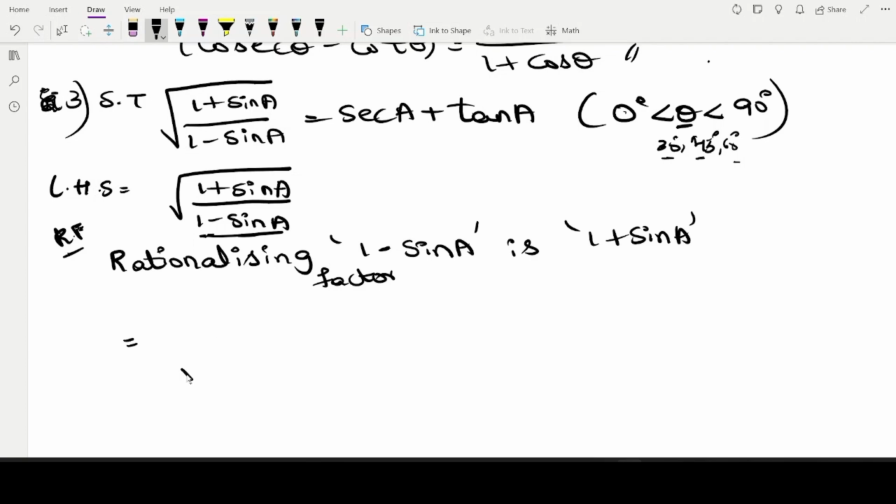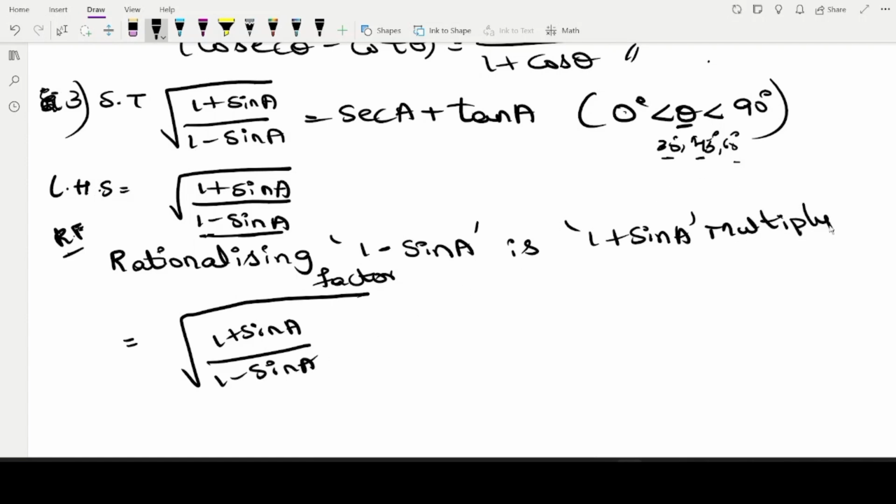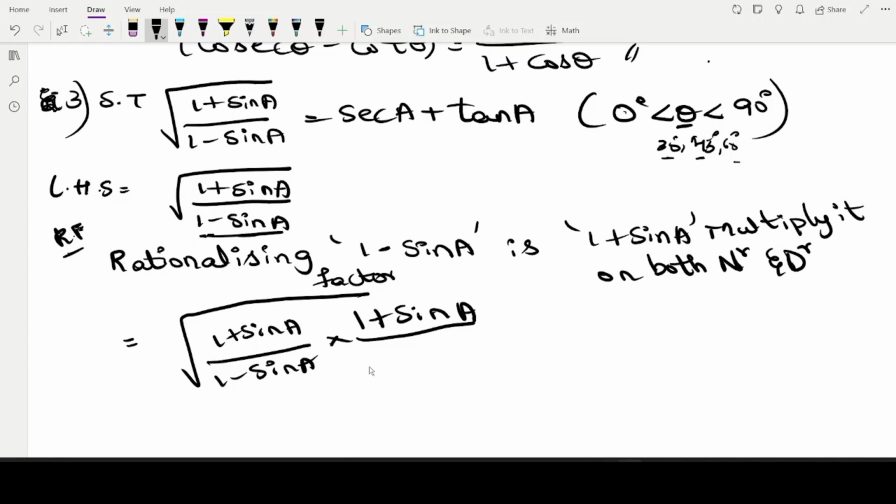Now you can write 1 plus sin A divided by 1 minus sin A, and multiply it on both numerator and denominator. So we multiply both numerator and denominator by 1 plus sin A divided by 1 plus sin A. Now let us multiply them.